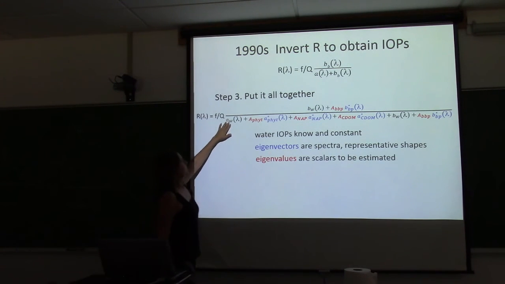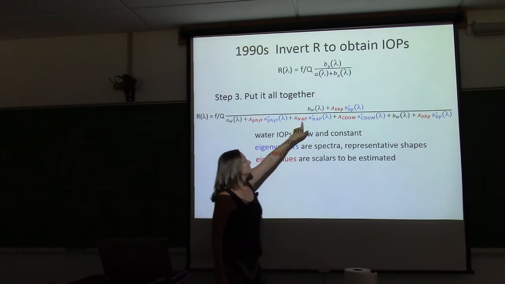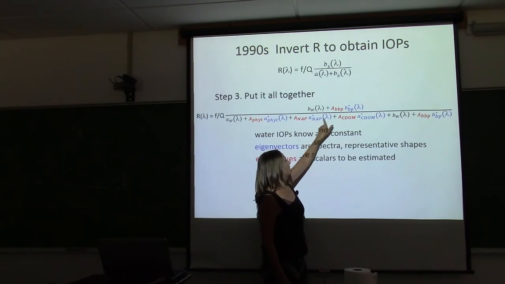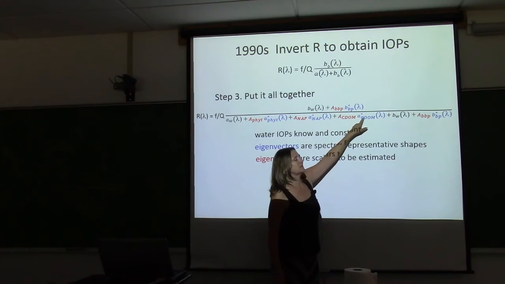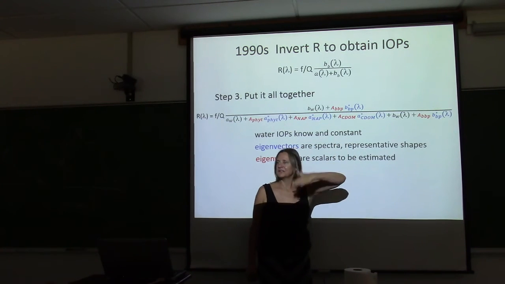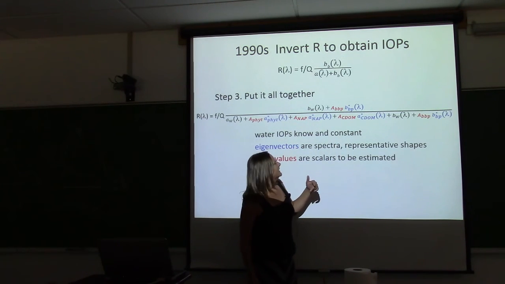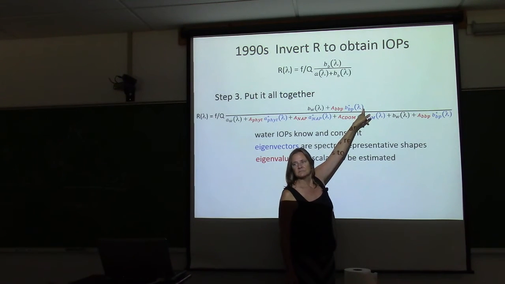So we know these spectra. We have to define these. And you have a pretty good idea what these are, right? What are these two in terms of spectral shape? Exponentials. And you have a pretty good idea of what the range and slopes are, right? And we have some idea about the scattering spectrum for particles.